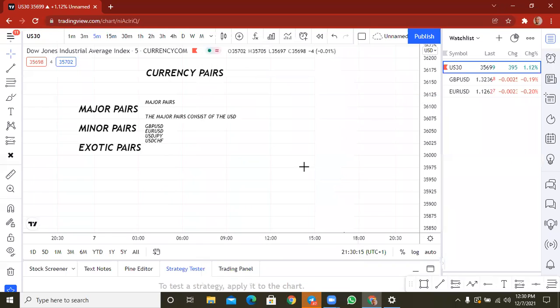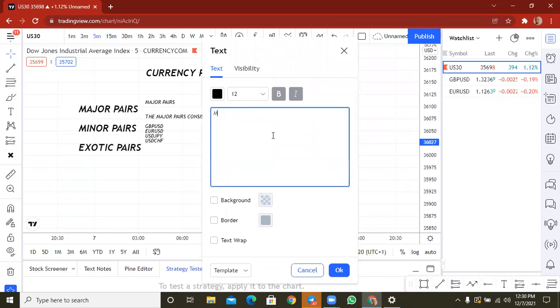All right, so we have next the minor pairs. The minor pairs consist of pairs.